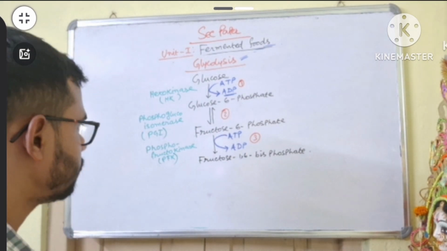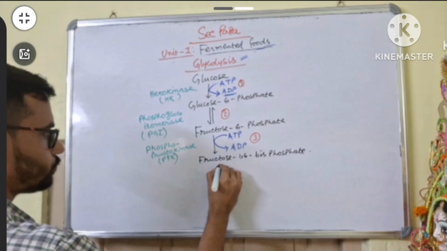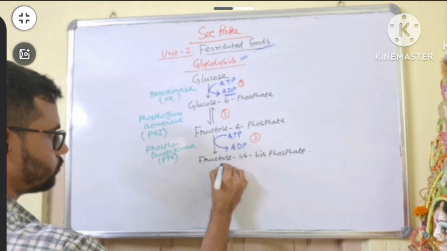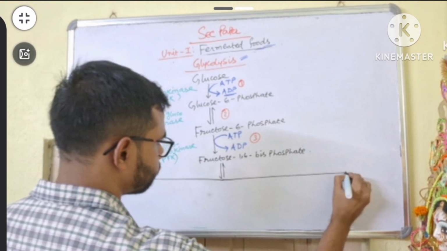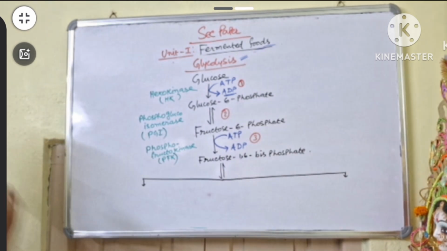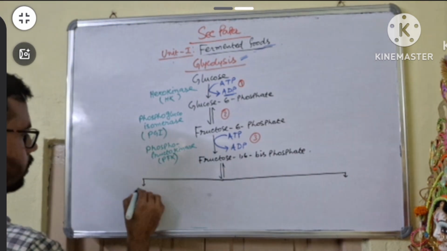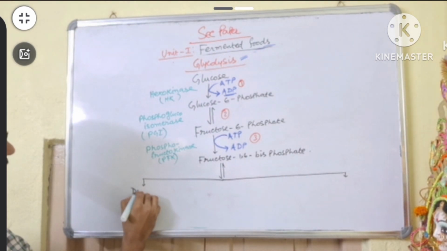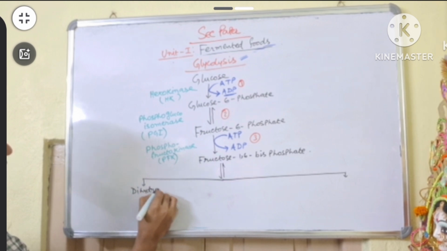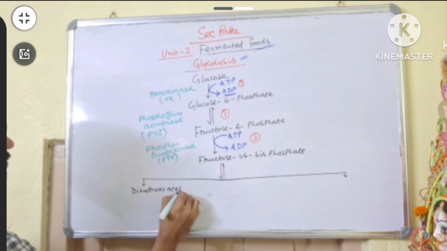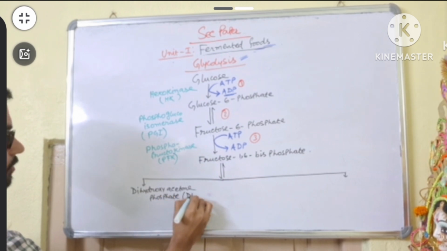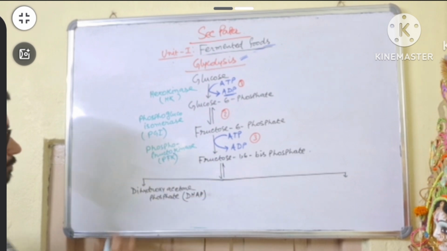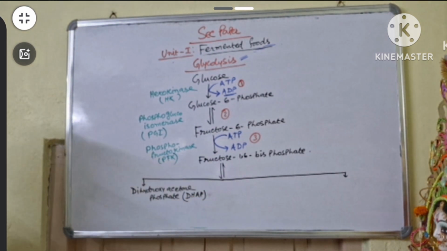Fructose 1,6-bisphosphate now breaks down into dihydroxyacetone phosphate. The short name of this is DHAP, dihydroxyacetone phosphate.